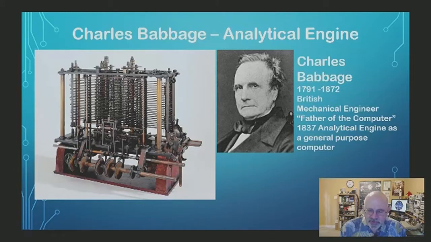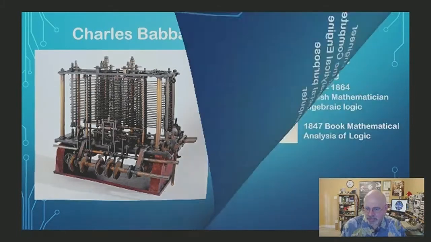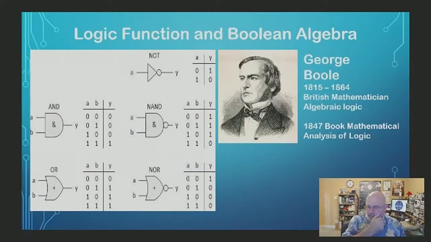Another big step forward, and we will talk more when we talk about digital or electronic computers in a different video, was the use of logic functions and Boolean algebra. Boolean algebra was established by George Boole in his book, The Analysis of Logic, of 1847.